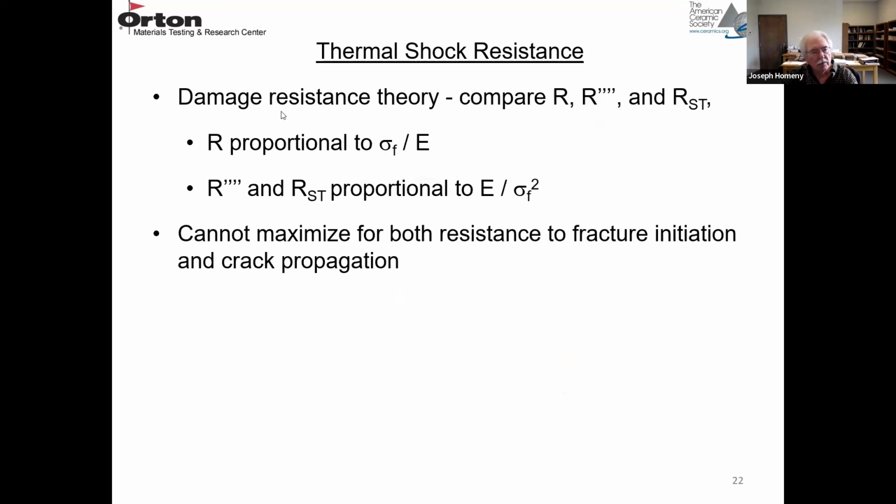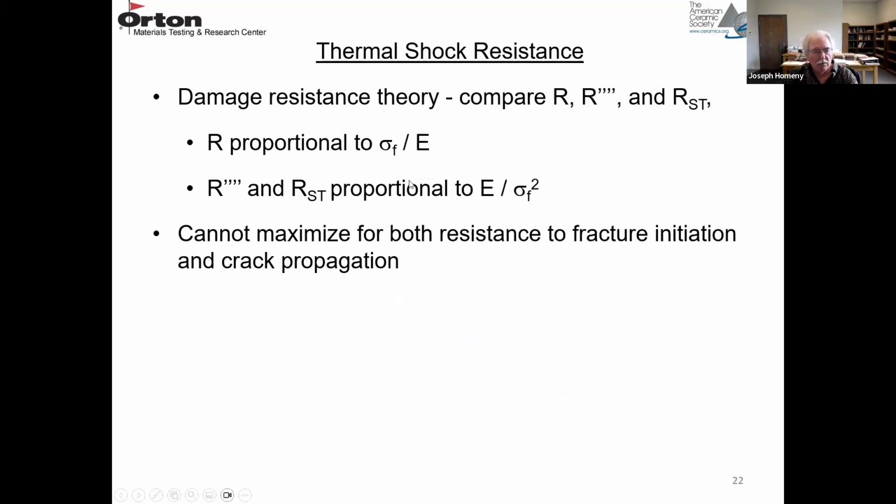So if we compare R4 prime and RST, R is proportional to the strength over the modulus. R4 prime and RST are proportional to the modulus over the strength squared. So these are opposites.